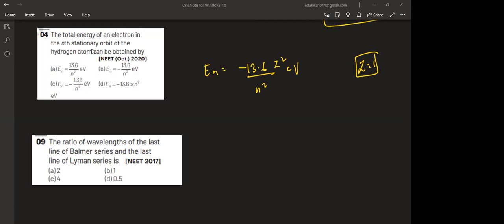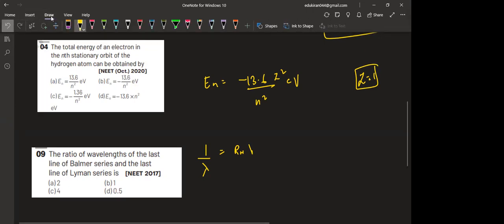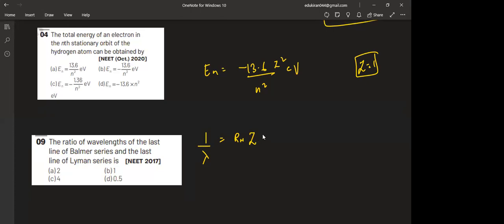The ratio of wavelengths of the last line of Balmer series and the last line of Lyman series is? So we'll use the Rydberg's constant here, 1 by lambda equals Rydberg's constant R, Z square, 1 by n1 square minus 1 by n2 square. This is the general formula.